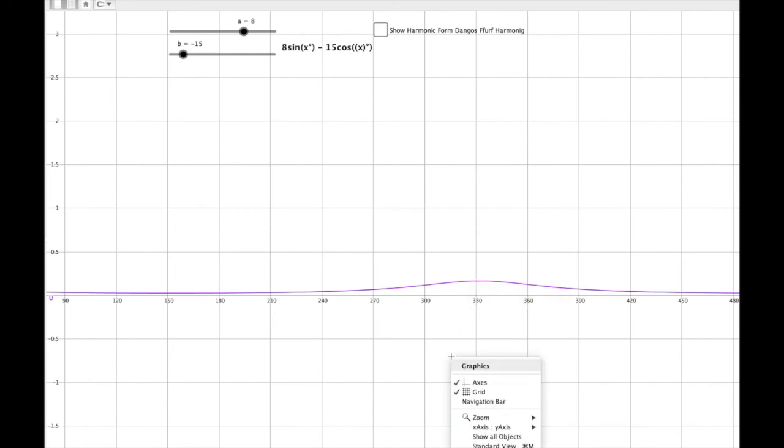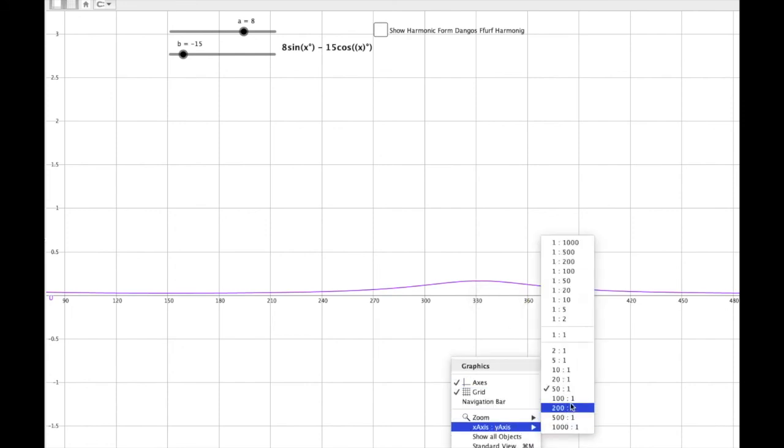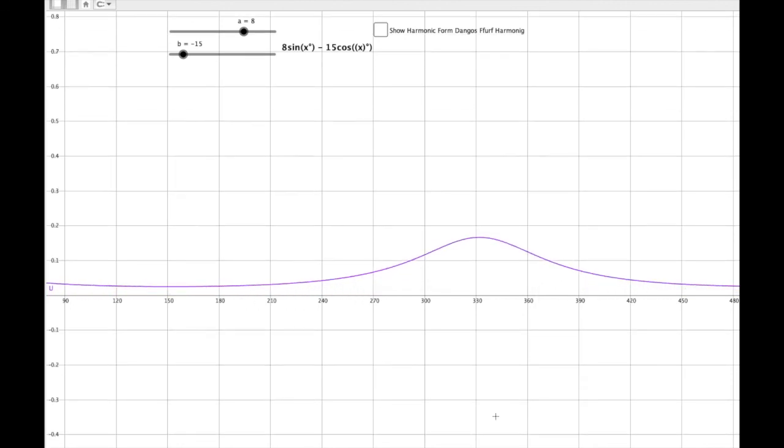In fact, we could push the boat out. There we are, that's better. So that's at 0.16666, and we can see the minimum down here, which is actually 0.025, which we can see makes sense on this scale. So that's part C.